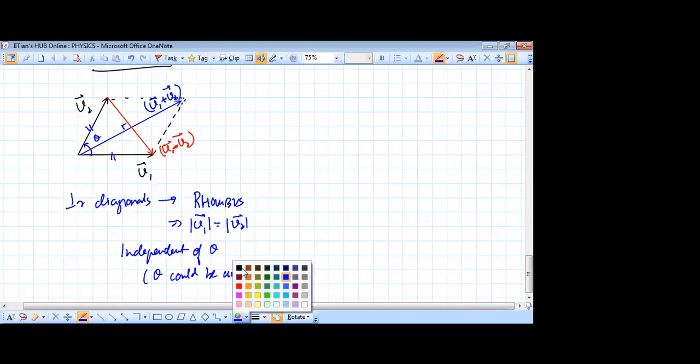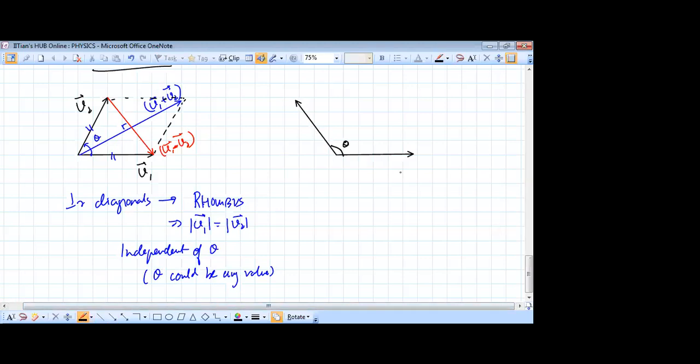You can also have this kind of a rhombus. Theta could be an obtuse angle, but as long as this side is equal to this side, that property will still hold.